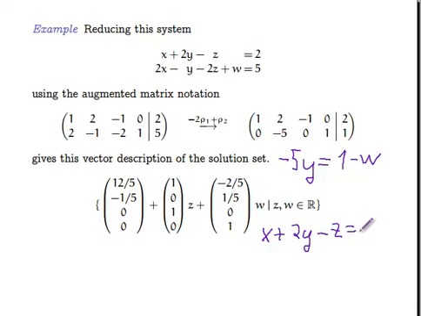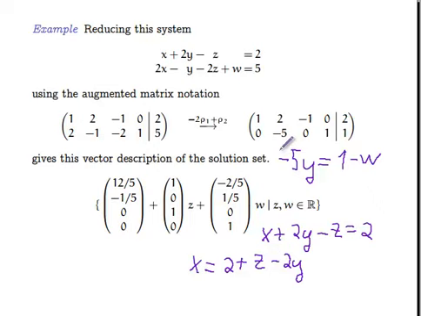equals 2. Now I want to express x in terms of the other variables, so that's going to give me x is equal to 2 plus z minus 2y. But let me go ahead and substitute for y in here.